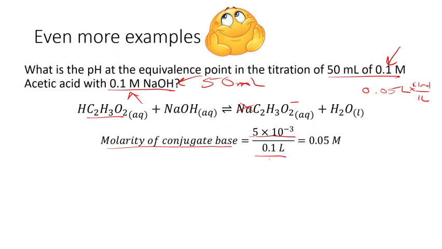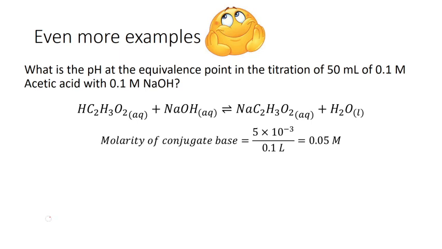And remember that when we're looking at equivalence point, we have this volume of our base that we've added and this volume of our original acid, making 100 milliliters or 0.1 liter, to give us a concentration of our conjugate base at the equivalence point of 0.05 molar.